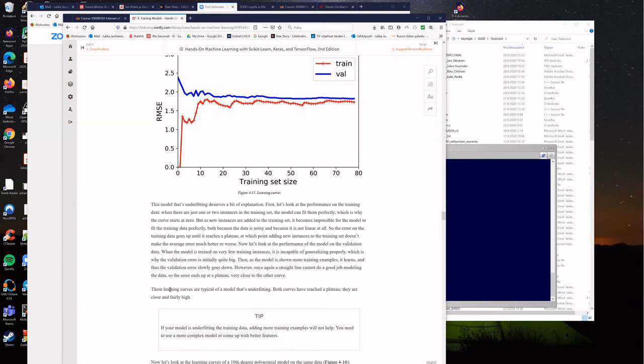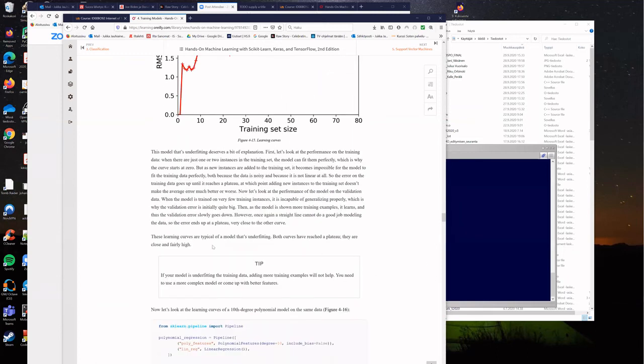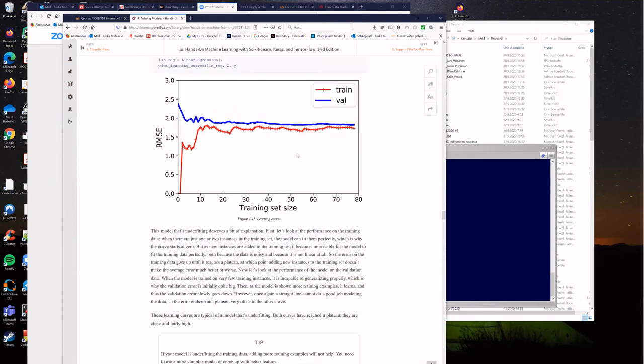So I was reading this text here. And okay, here it said the learning curves are typical of a model that's underfitting. Both curves have reached a plateau. They are close and fairly high. So if your model is underfitting the data, adding more training examples will not help, as you see here.